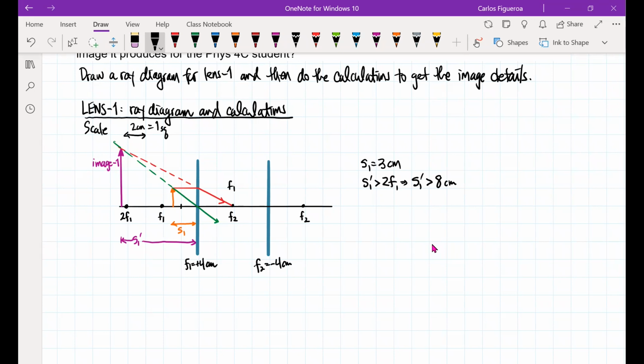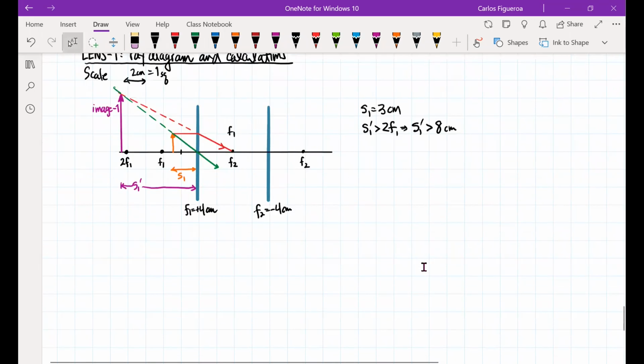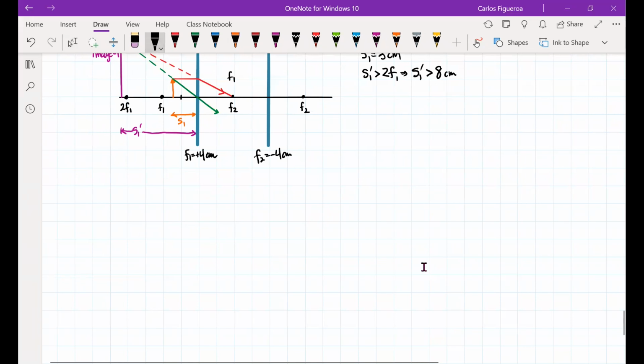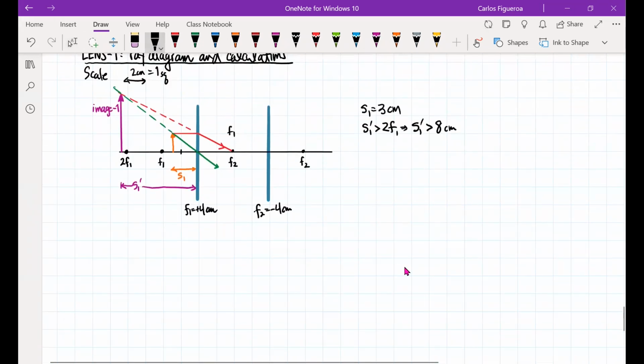Let's see what the calculation says. Actually, I should first look at the magnification. It looks like it's greater than 3 squares, about 3.2, and of course it's going to be positive because it's an erect image.